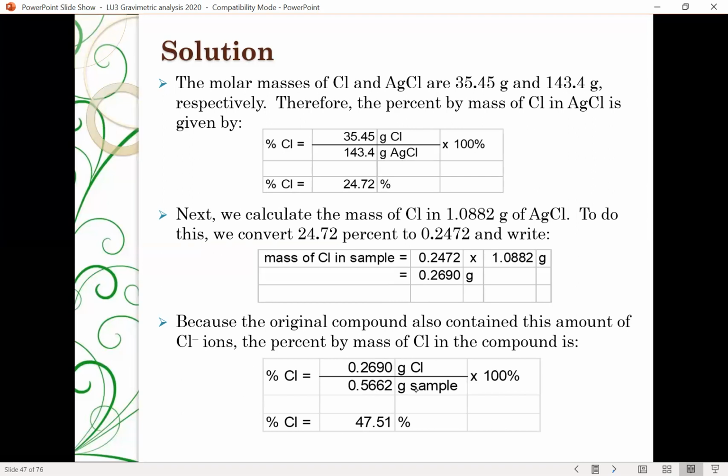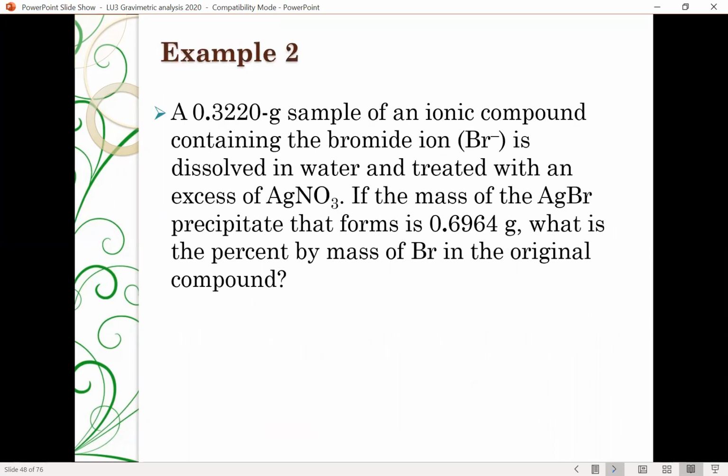You have different mass of sample and different mass of precipitate. But what matters is that the mass of your analyte in your precipitate is the same as the mass of your analyte in your sample.